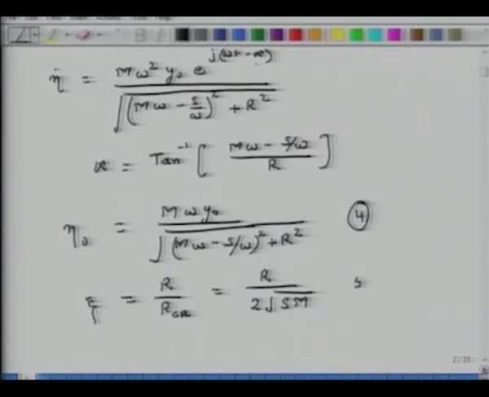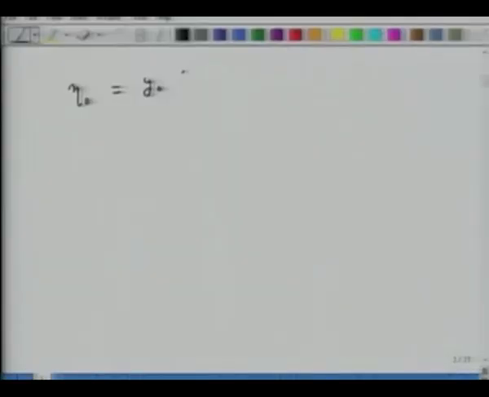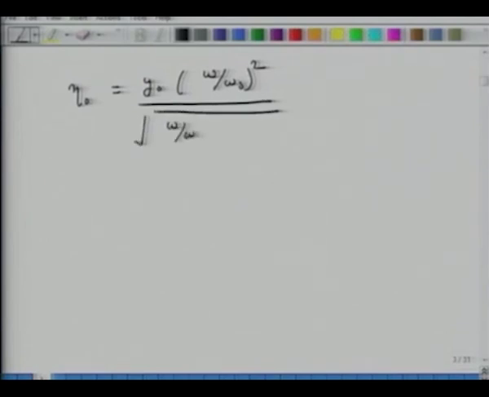So if I plug this into 4, what I get is eta naught equals y naught times (omega over omega naught) square, divided by the square root of ((omega over omega naught) square minus 1) whole square plus (2 eta times omega over omega naught) whole square.